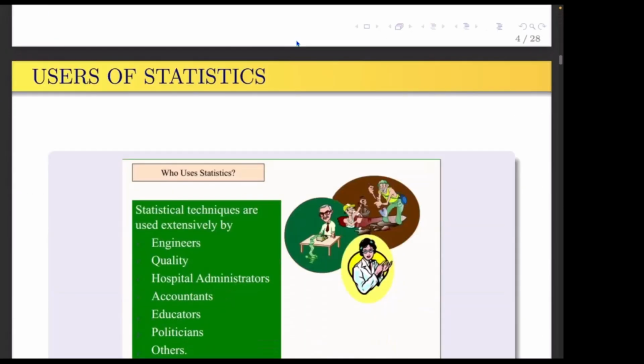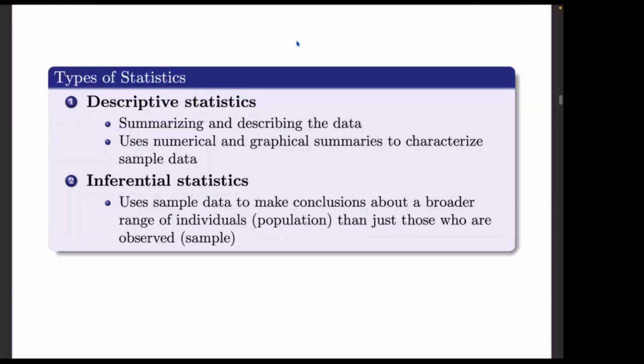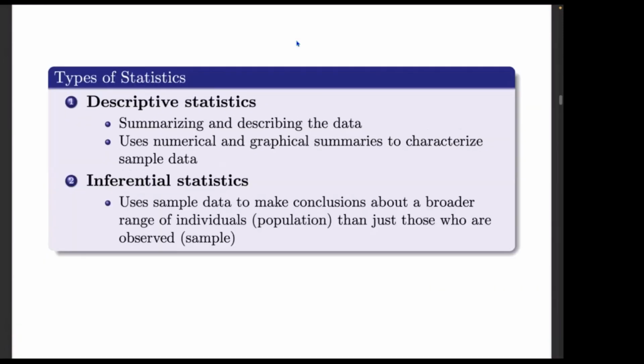All I spoke about can be found here. These are the types of statistics. We just spoke about the descriptive, and with inferential statistics, we make inference. Here you don't just describe the data, you make analysis. After making analysis with a sample, you make inference about the population.